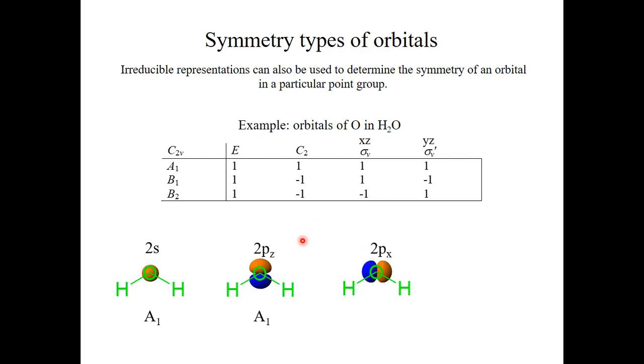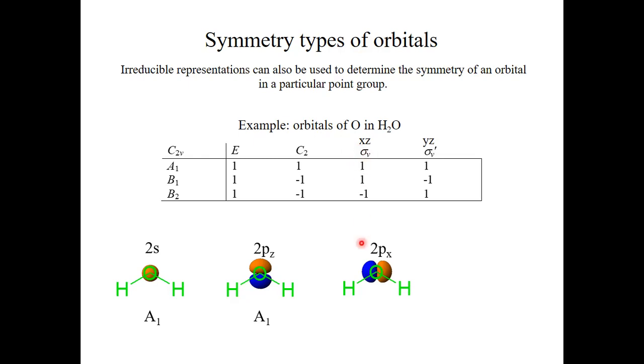And for that reason, we would now associate a character of -1 for that symmetry operation. So that means that our 2px orbital cannot be A-type, it must be B-type. It can either be B1 or B2. So whether we have B1 or B2 now depends on what the symmetry operation will do when the sigma v mirror plane is being applied.